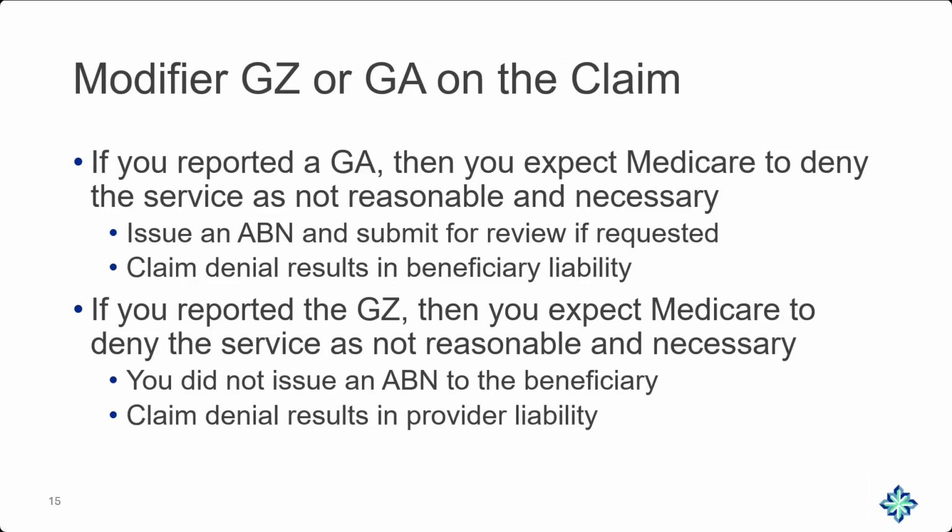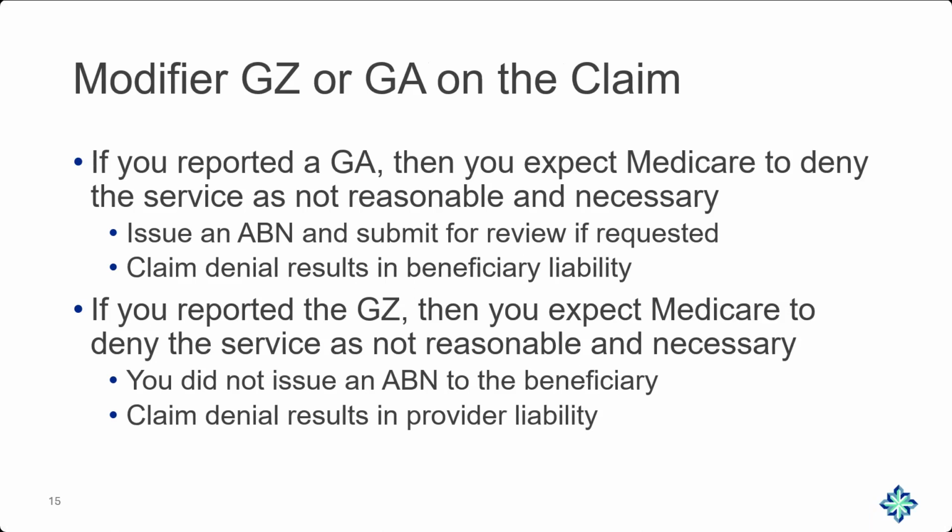So if you issued the patient an ABN because you expect Medicare is going to deny as not medically reasonable and necessary, you have reason to believe that, you would need to put the GA modifier on the claim. Again, we would need to see the ABN included in your documentation as well.